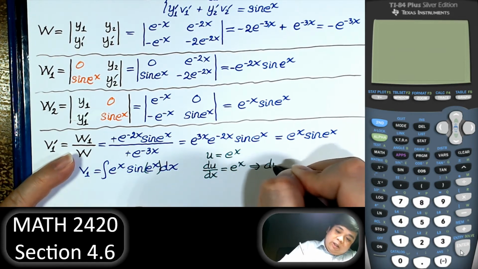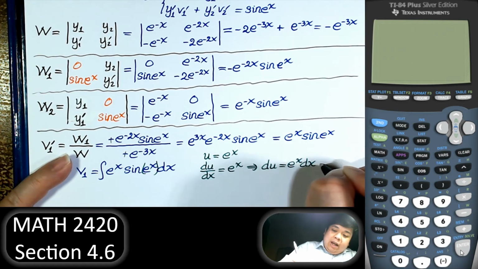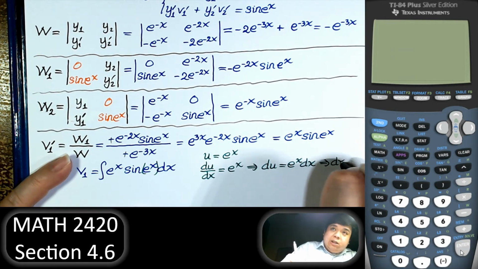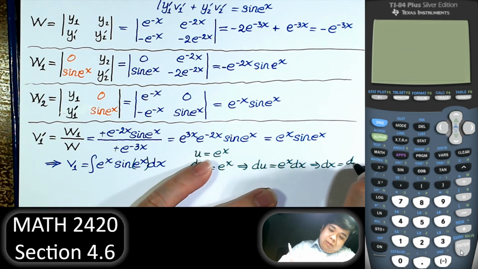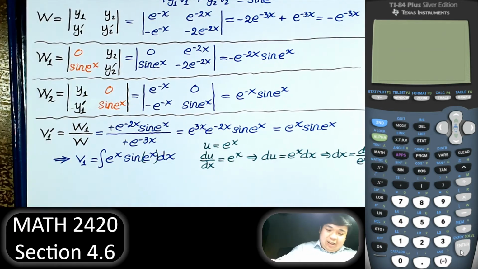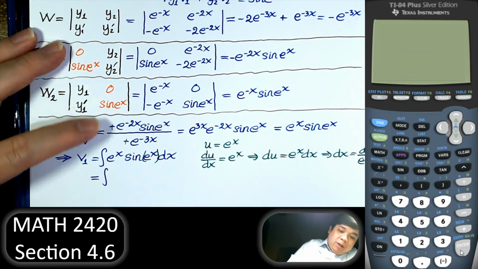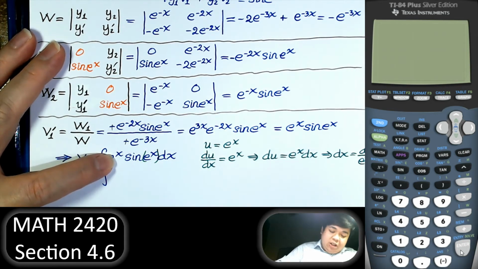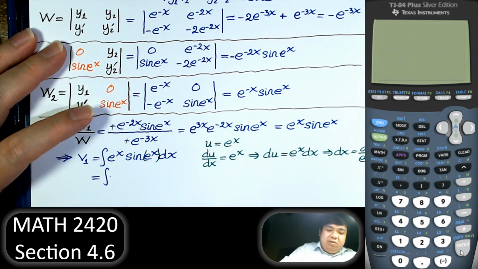Multiply the dx over and solve for dx. You might do substitution differently, but this is how I do it. e to the x is equal to u, that's fine, just leave e to the x there.